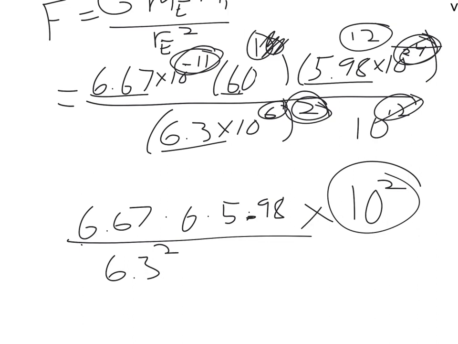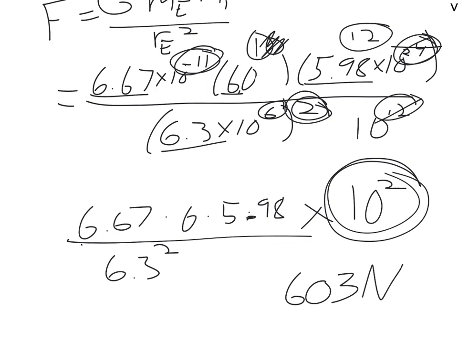So let's do that. 6.67 times 6 times 5.98 divided by 6.3 divided by 6.3. And I get about 6.03. So 603 times 10 squared is about this many newtons.